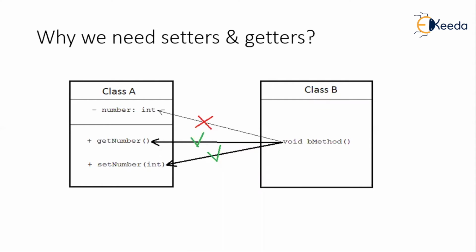It will have to follow a certain standard, that is nothing but using setter and getter methods. So if class B wants to set a value for the number variable of class A, it will make use of the setNumber method. And if it wants to retrieve that value, it will make use of the getNumber method.